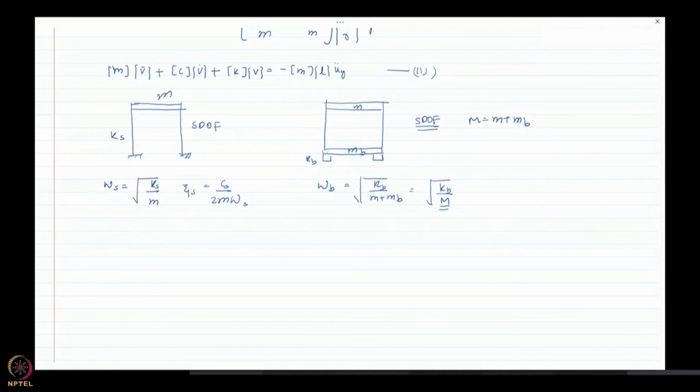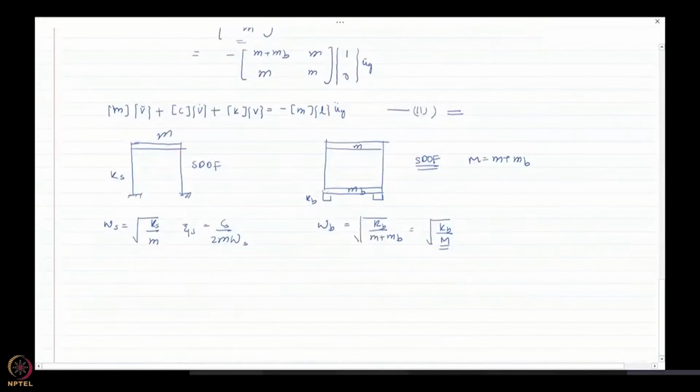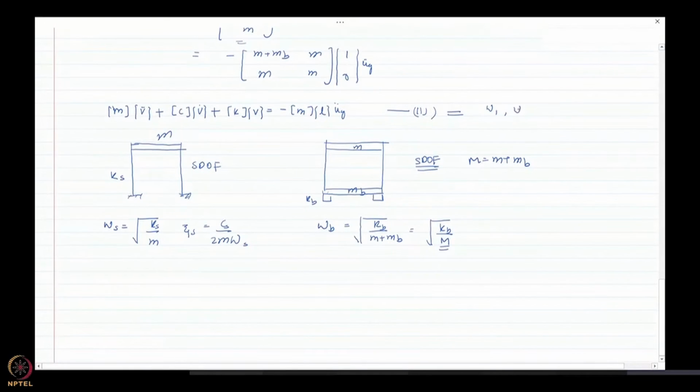Now these are the two frequencies that we already discussed: the frequency of the superstructure and that of the base isolated structure. But when we consider the 2 degree of freedom representation, we know that we are going to get two frequencies, omega 1 and omega 2, because it's a 2 degree of freedom system. Can you tell me, would this omega 1 and omega 2 be the same as omega s and omega b?